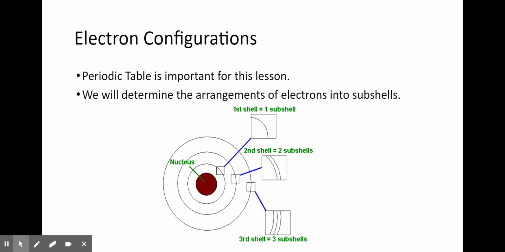Okay, shell 2, or if you look row 2 on the periodic table, will have a maximum of 2 subshells. Shell 3 will have a maximum of 3 subshells. For the most part, that's as far as we will get, row 3 or the 3rd shell. But sometimes we will get a little bit further.